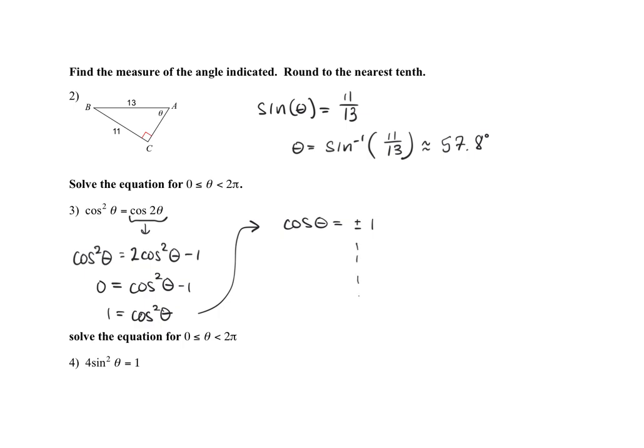So now solving 2 different equations, cosine theta equals 1, cosine theta equals negative 1. So cosine theta equals 1 happens at 0 radians. Cosine theta equals negative 1 happens at pi radians.